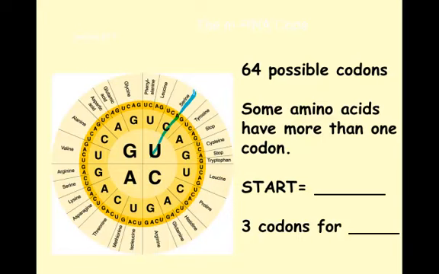What if my code was CCA? That's a different codon, right? C is my first letter, C is my second letter, and A is my third letter. It's going to tell me to put in a different amino acid. It tells me to put in proline. So we can read our code wheel now.